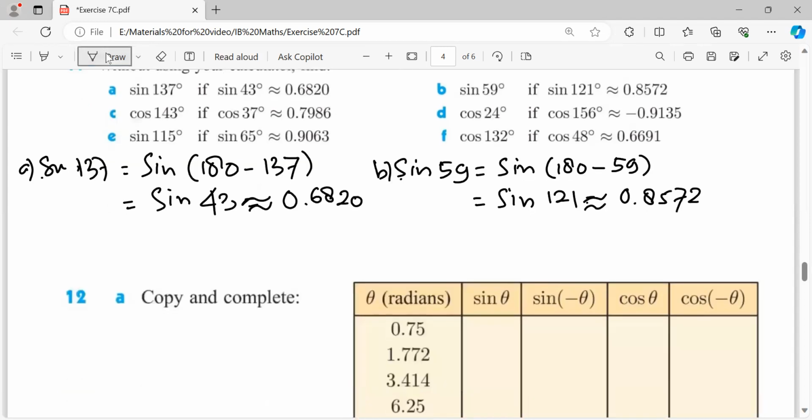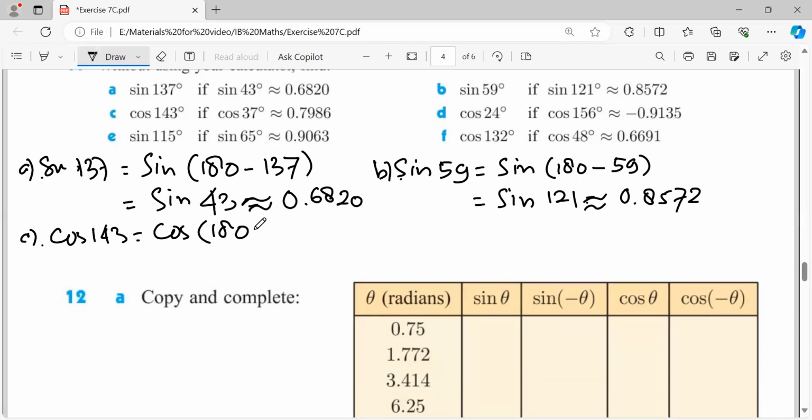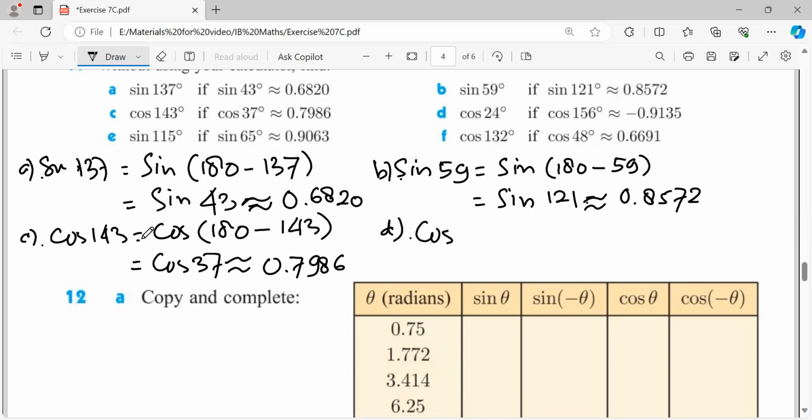So how about cosine? For example, this is C. Cosine 143 equals cosine (180 minus 143) equals cosine 37. Cosine 37 is equivalent with 0.7986. Sorry, this is negative.